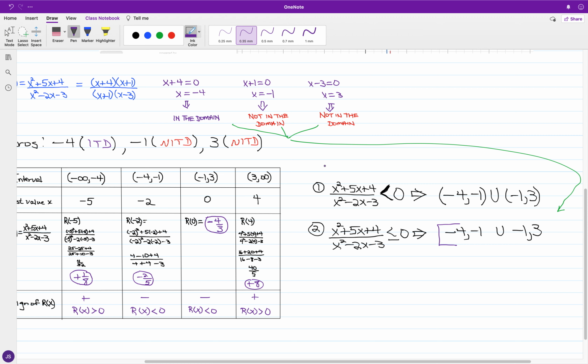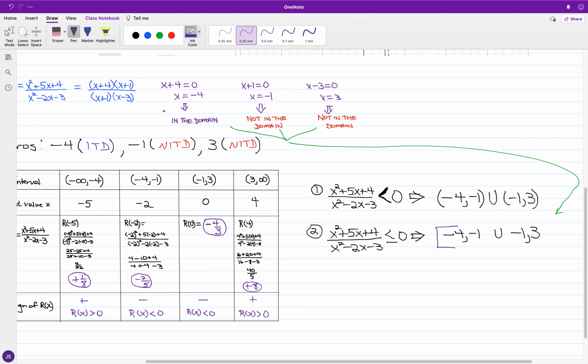However, with -1 and 3, again, -1 and 3 have their respective factors included in the denominator. So there's no way that these can be in the domain. So we have parentheses around those particular values. Again, you have an equal sign, but that doesn't guarantee you're going to have unanimously the use of brackets among the finite values, because -1 and 3 are not in the domain, only -4 is.